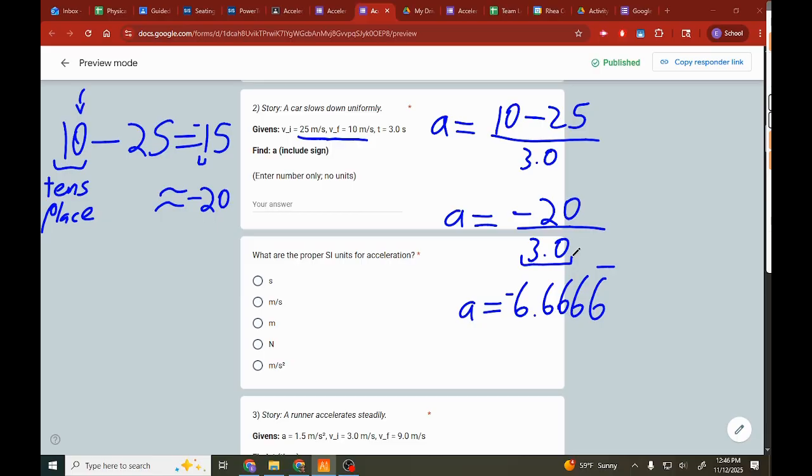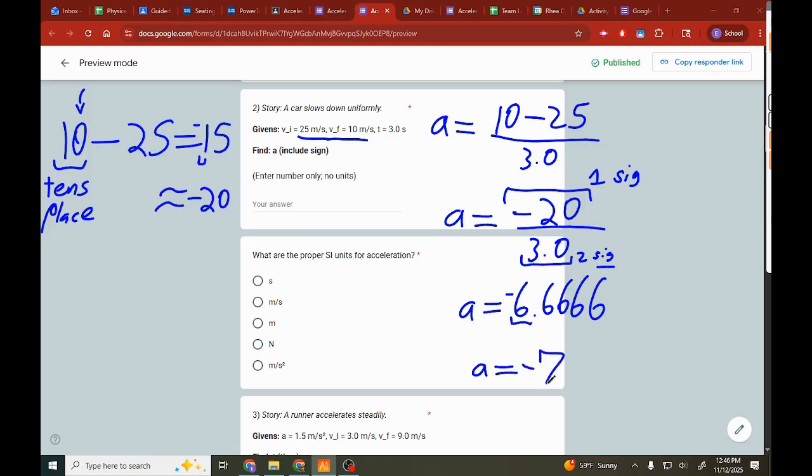We've got 2 sig figs here, 2 sig figs. But this negative 20 is only known to the tens place, indicating that we only have 1 sig fig. And we are restricted based on our least precise value. That's the general motto, which means I need to round my answer to 1 sig fig, which will be right here.